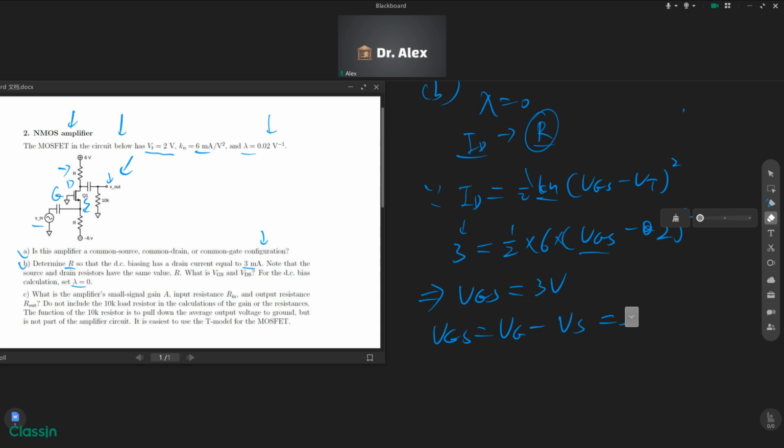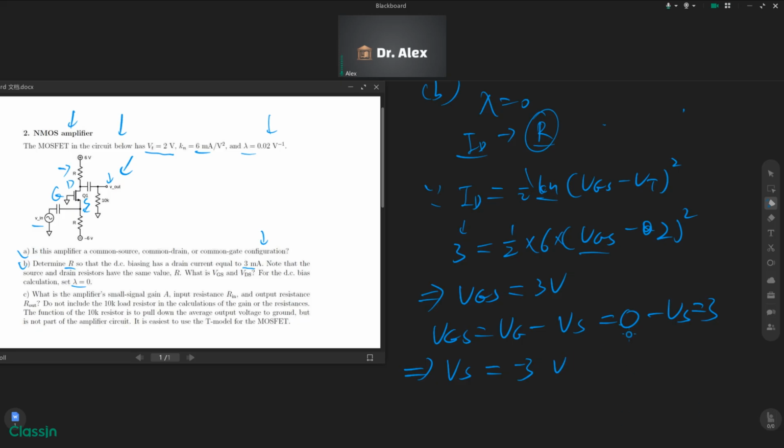Because the gate is connected directly to ground, VG is 0. So we can solve that the potential at the source is -3 volts.